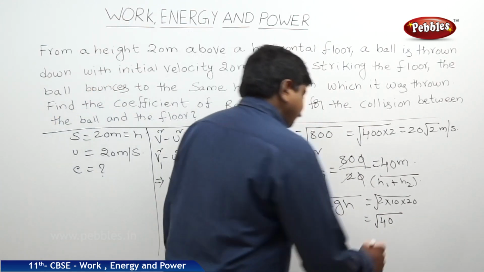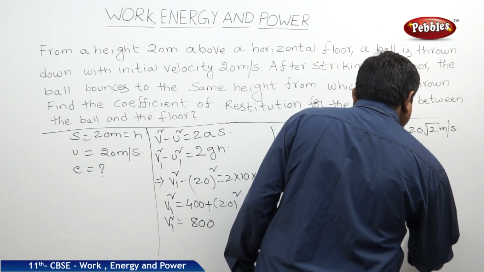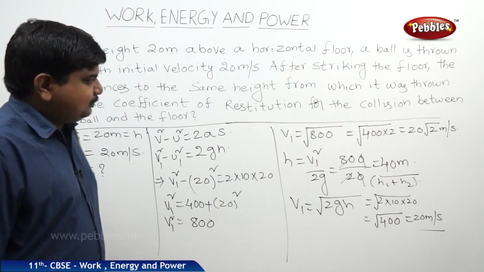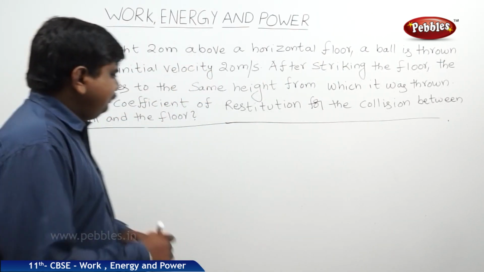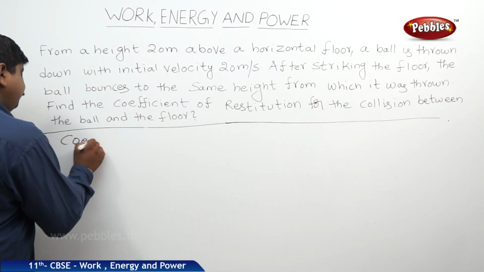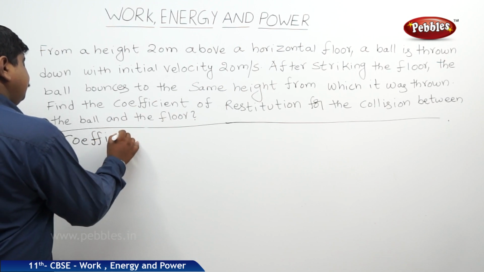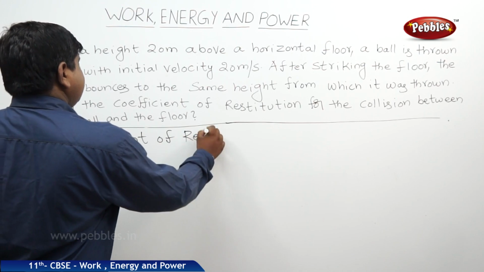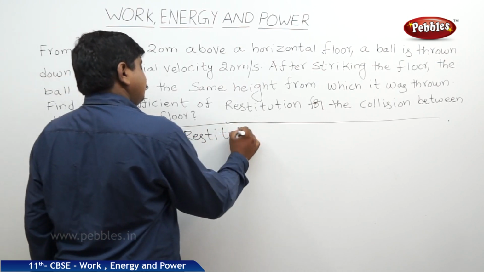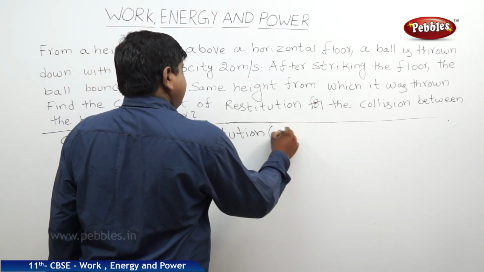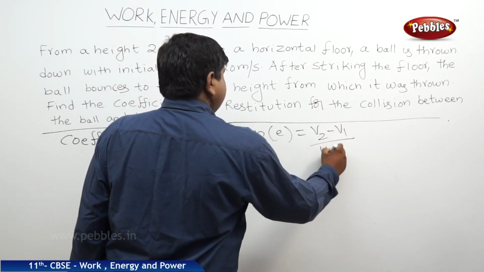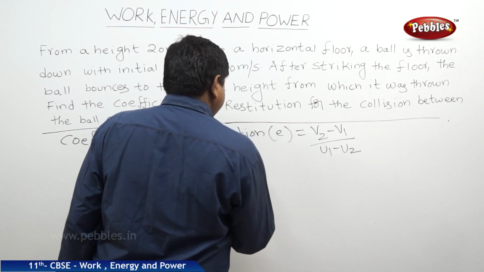So, root of 400 is nothing but 20. So, we got V1 as 20 meters per second. Therefore, coefficient of restitution, small e, is equal to V2 minus V1 by U1 minus U2.